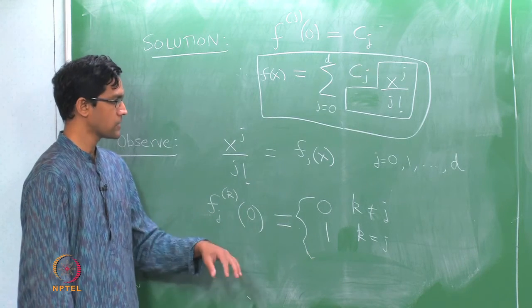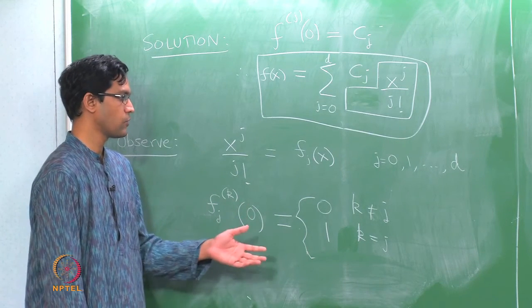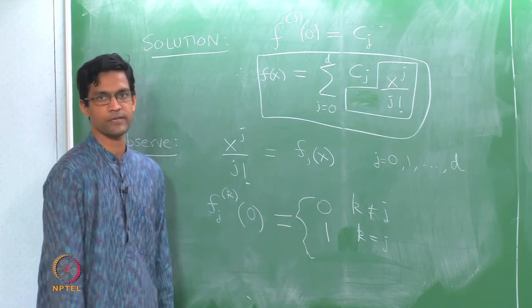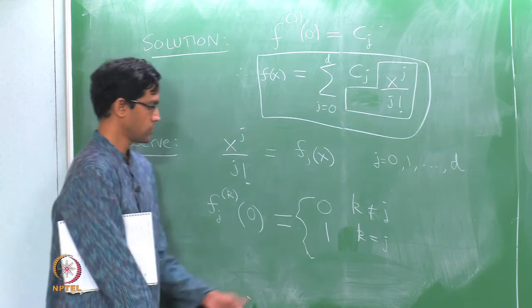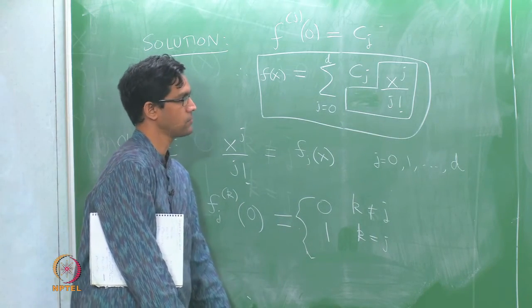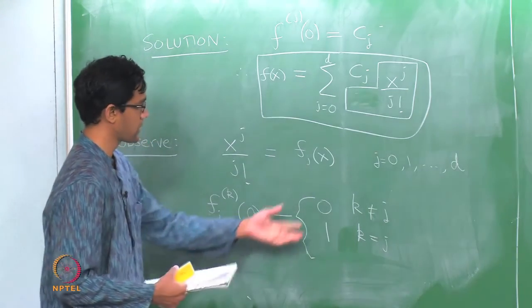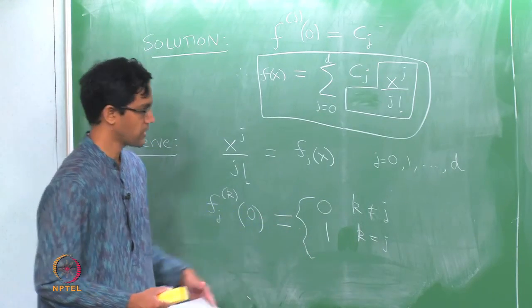When you subject it to k derivatives where k is not equal to j, the answer is always 0. So this is again the 0 1 idea in action, but here it is much simpler; it would not be particularly illuminating to go this way straight up.